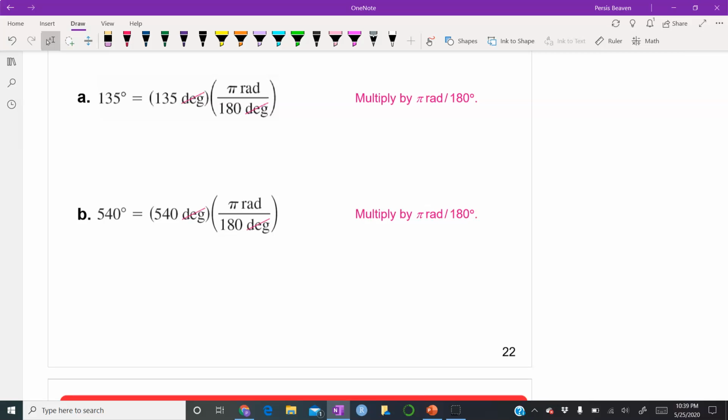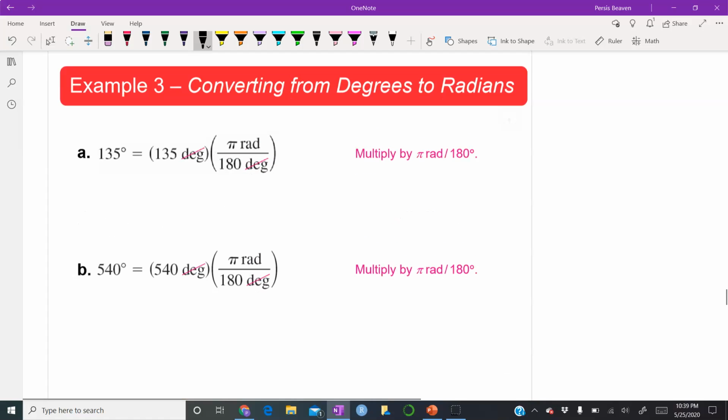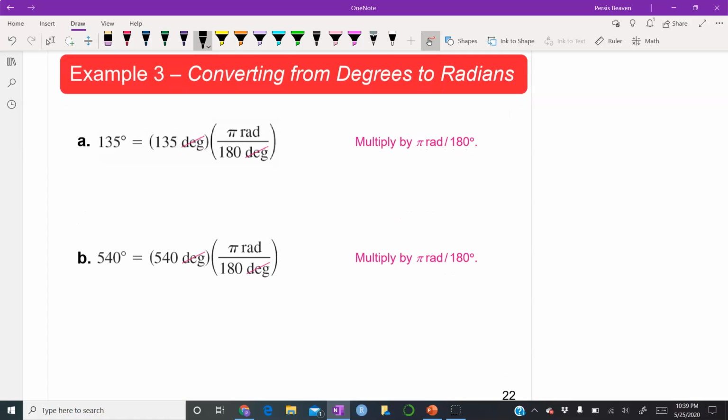Okay, so how do we convert from one to the other? Like I said before, we have the unit factors here. Remember, your unit factors could be pi over 180, or 180 degrees over pi radians.